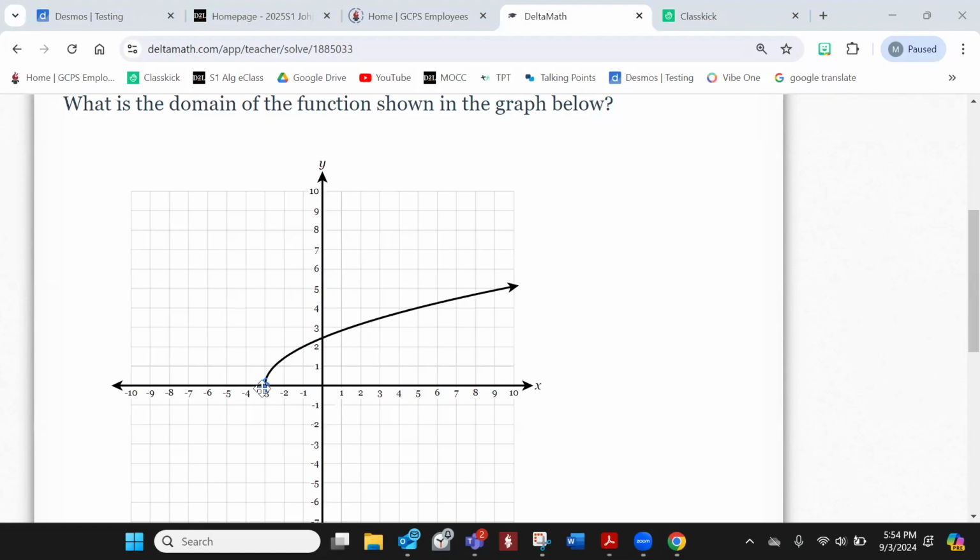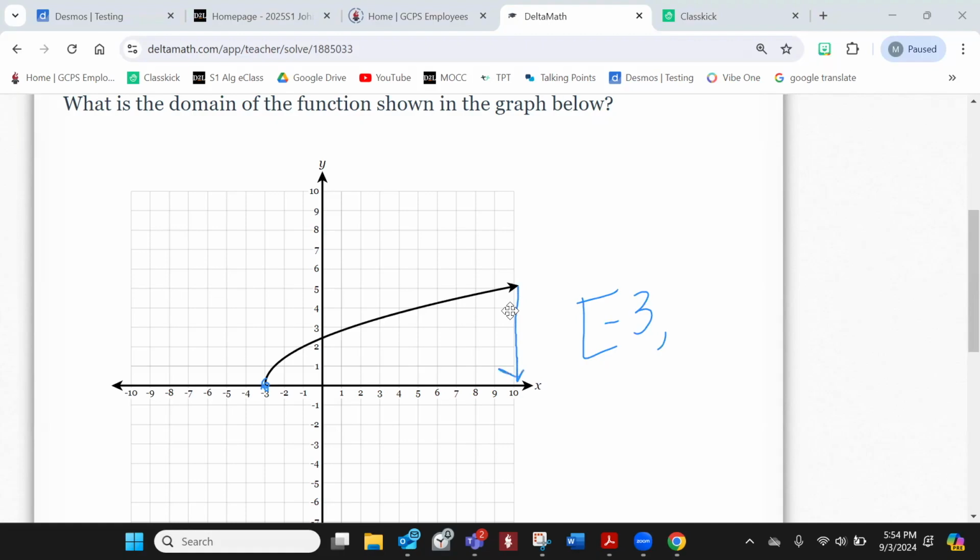If I put a dot right here on -3, this dot is included. I can't draw this graph, the exact same graph, without this blue dot. So that means -3 is included. So that means I need a bracket and -3. So this is the left side. On the right side, I can't find the ending point.